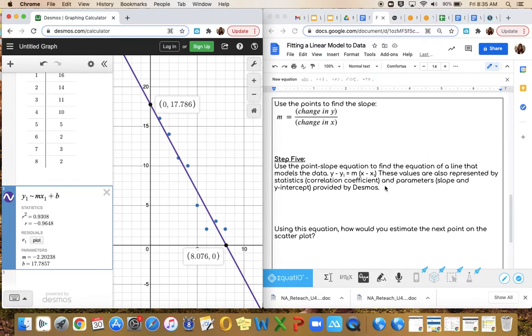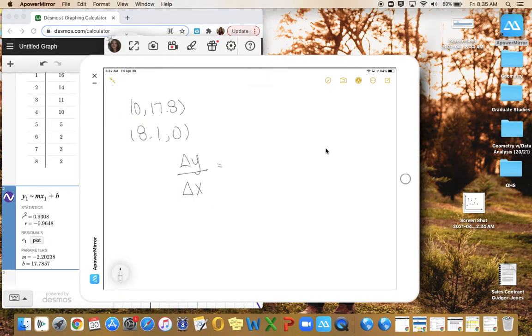So we know that the slope is the change in y over the change in x. I'm actually going to show you that here. Okay, so the change in y and the change in x. Well, our y values are going to be 0 minus 17.8, and that may be a negative number, that's okay too, and 8 minus 0.